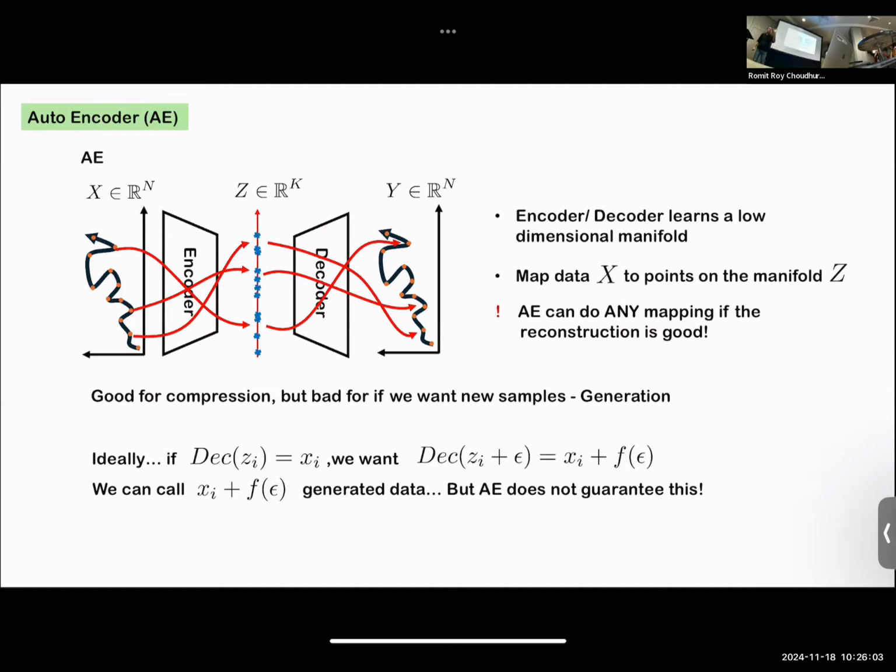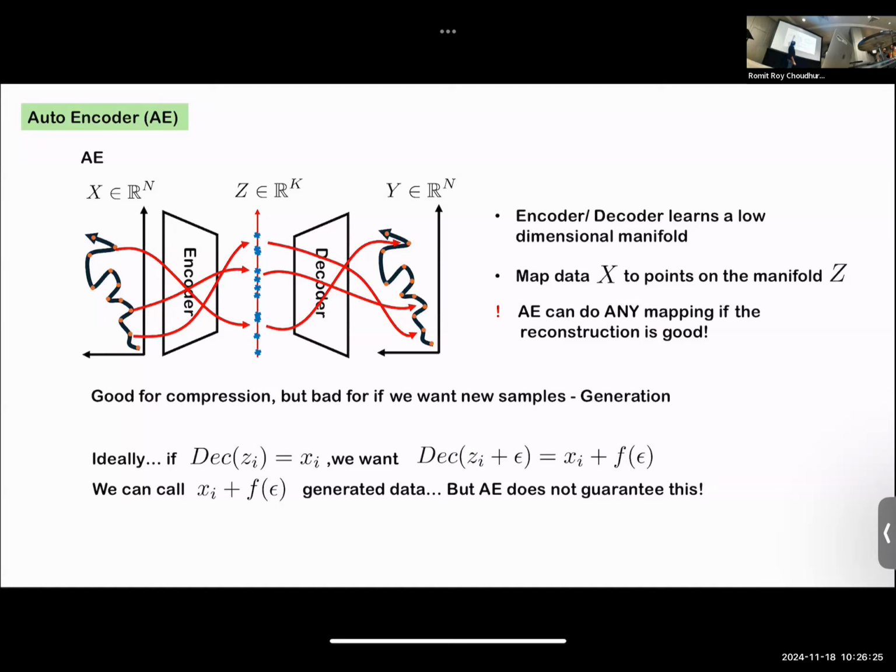But generative models want to generate new cats, right? Which means generative models want to say, if I sample some other points nearby, near this latent code for the cat, I should also get a cat.